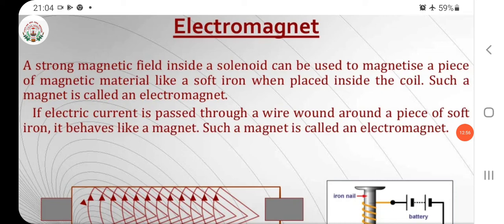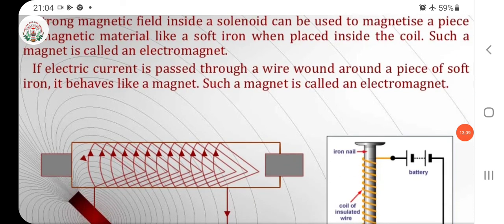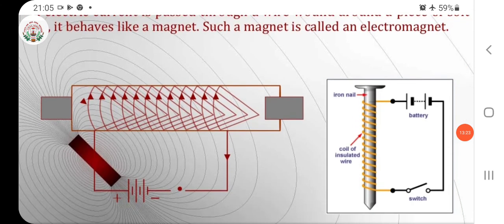Okay, if electric current is passed through a wire wound around a piece of soft iron, it behaves like a magnet. Such a magnet is called an electromagnet. You can see the diagram here.